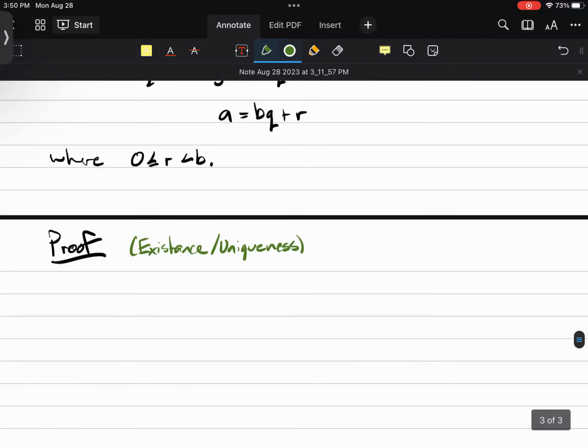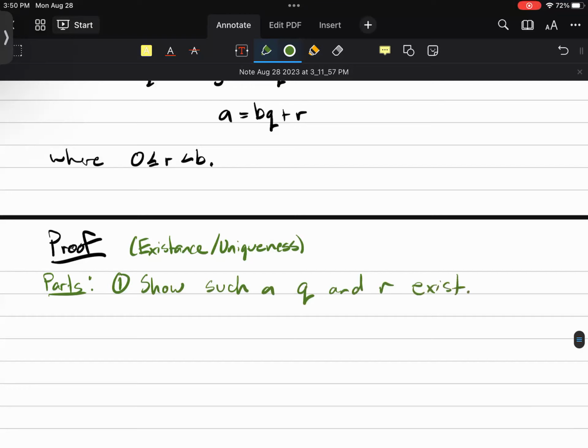Which means we have split this into two parts. After this, I promise we'll be done. I see the time. We have to do two things.